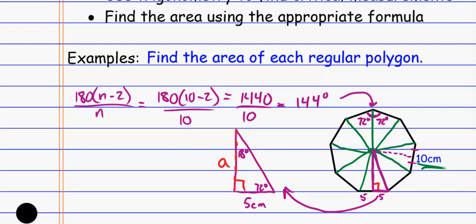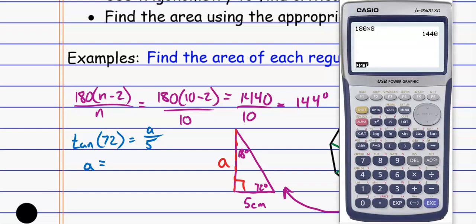And so using my trig functions, I could say something like, well, if I use that 72-degree angle, I want the opposite side, which is the apothem, and I have the adjacent side, so that's telling me I can use my tangent function. So the tangent of 72 degrees equals opposite over adjacent, okay? And now I can cross multiply and solve this thing. So once again, on my calculator, let me pull up my other calculator so we can see it.